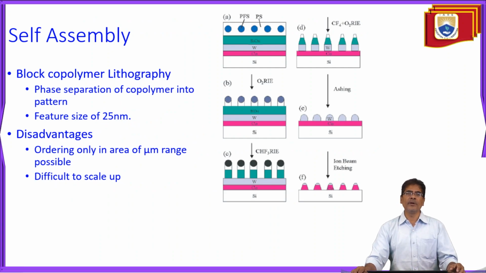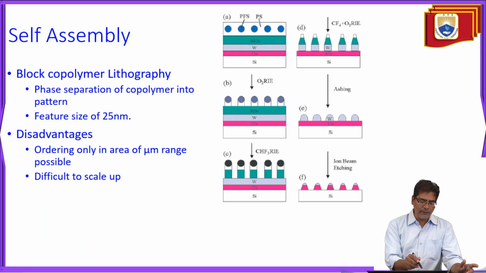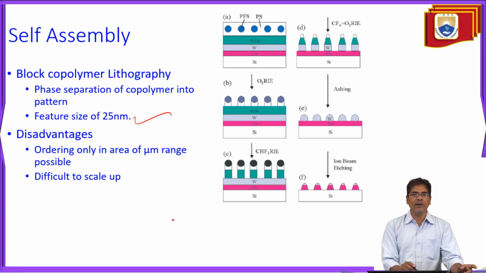Now the self-assembly technique: block copolymer lithography, which uses phase separation of the copolymer into a pattern. The feature size is around 25 nanometers. The disadvantage is that ordering is possible only in an area in the micrometer range, and it is difficult to scale up.